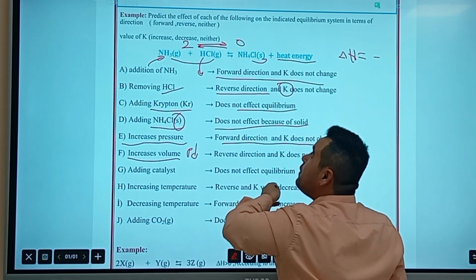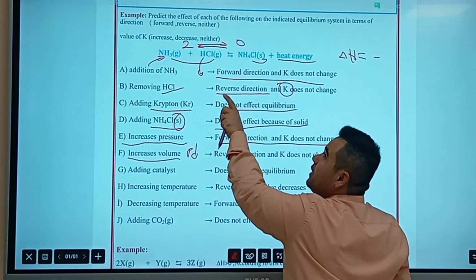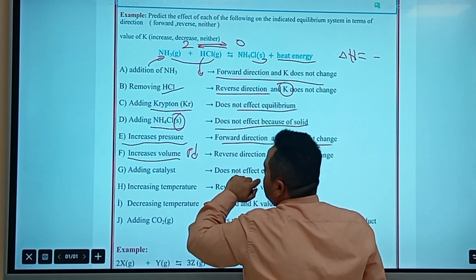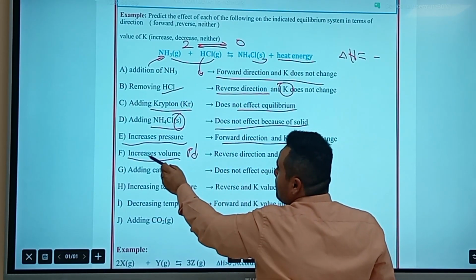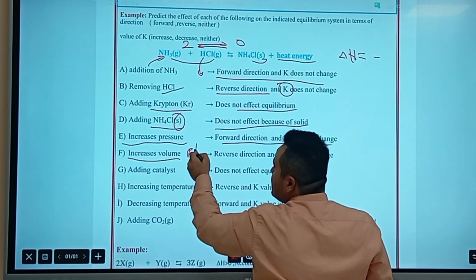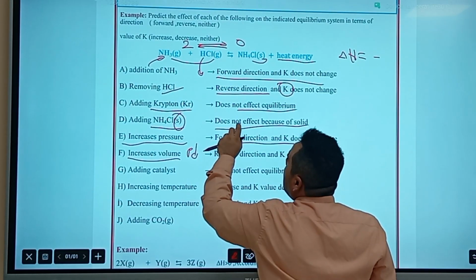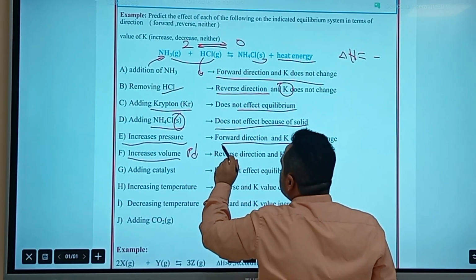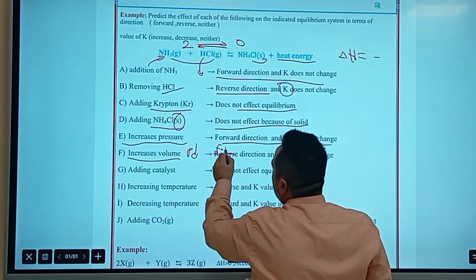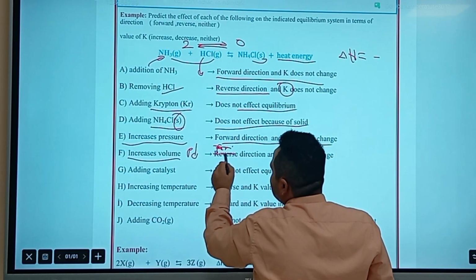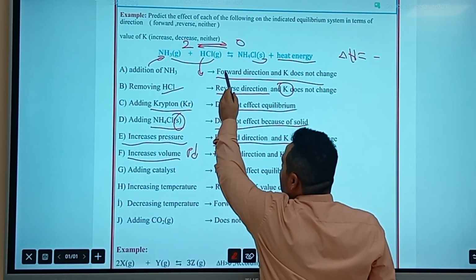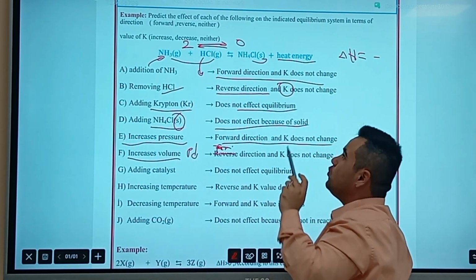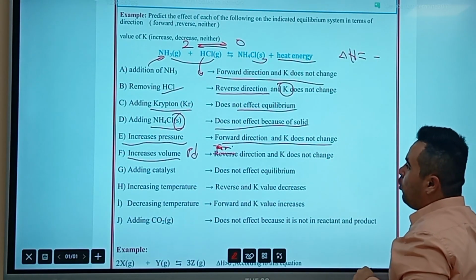Decreasing pressure favors the formation of the higher moles of gas, so the reverse direction is favored. Why? Because it goes from 0 to 2, which is higher moles.